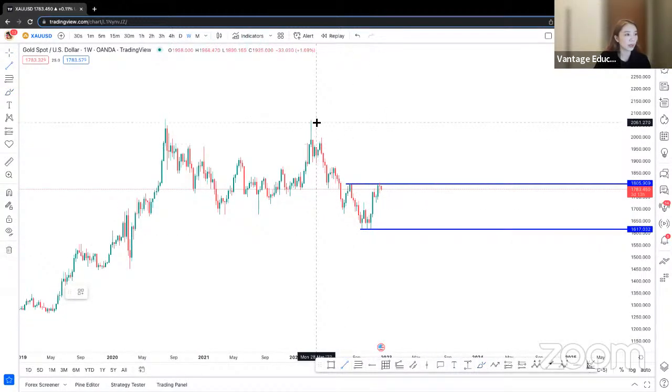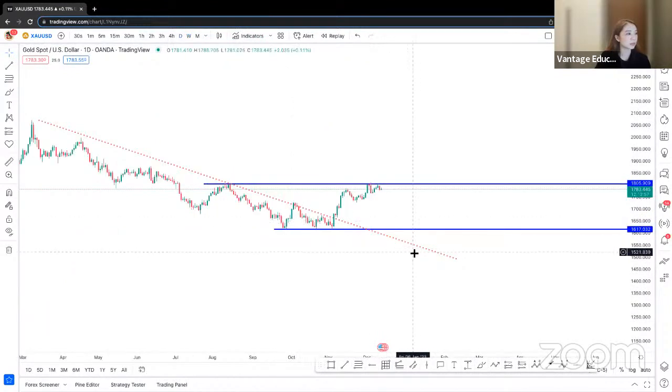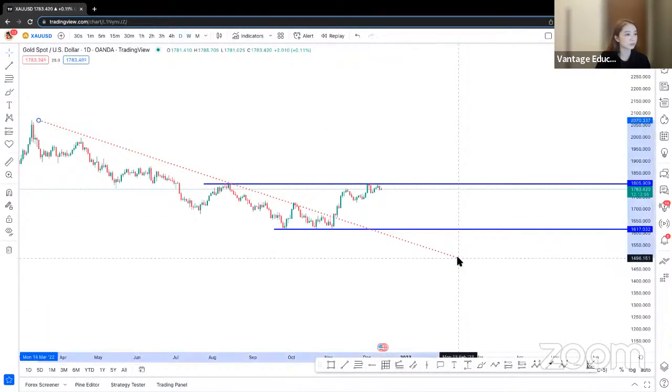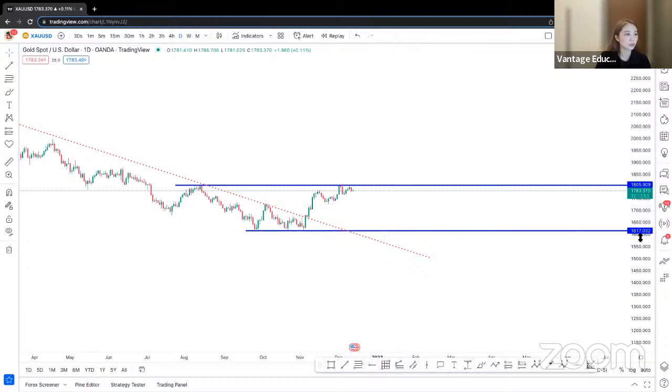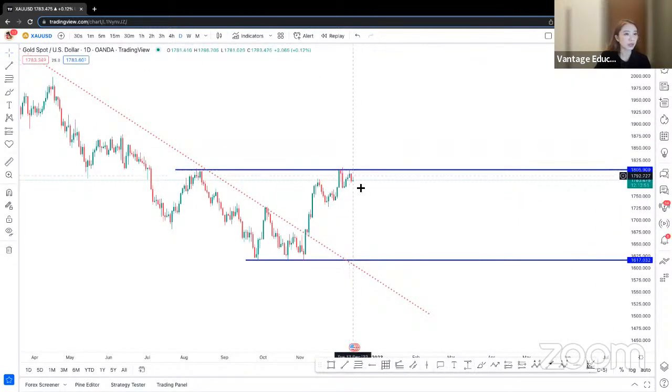Okay, we shall see where the upward movement will go to. So previously downward, now we are looking up. Let's look at daily. Still in the upward momentum, but seems to be struggling to get above 1805 as a resistance.